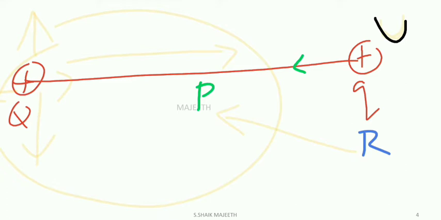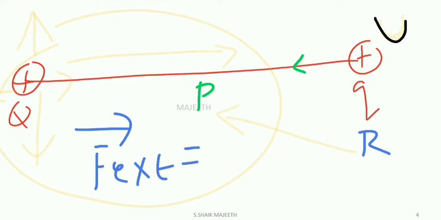That force must be exactly opposite to the force generated by the capital Q. We are moving against the force generated by capital Q, so I am giving some external force, F external, because I have to move the charge from point R to point P. How much do I have to apply and in which direction?